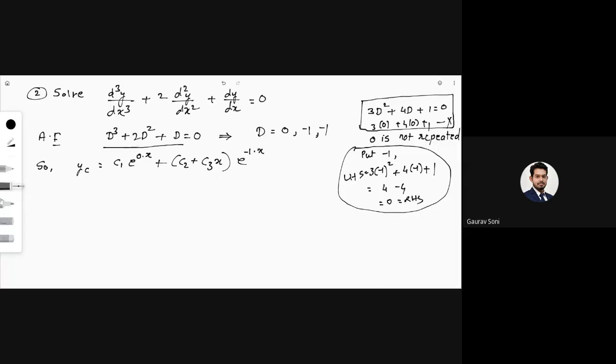Since it is homogeneous, y equals yc, and e to the power 0 is 1, so y equals c1 plus (c2 plus c3 x) e to the power minus x. Done.